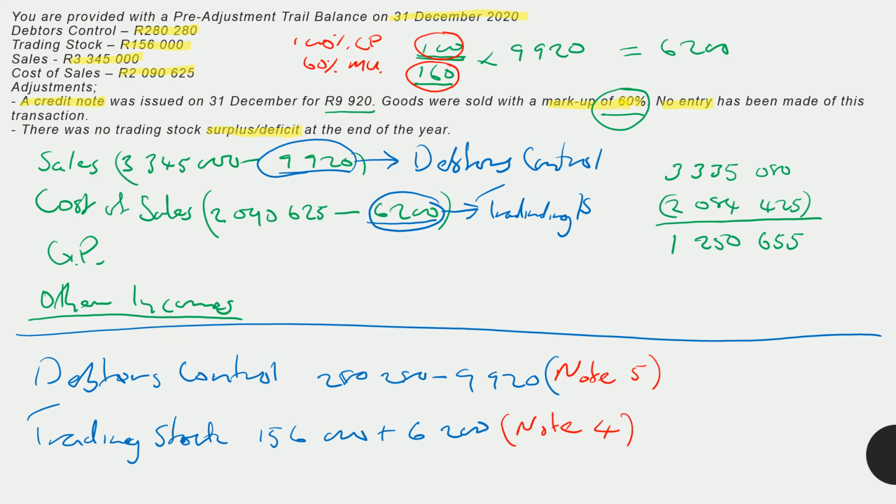In note number 4, inventory, include the correct value of trading stock. Note number 5 is trade and other receivables, where you include the correct value of debtors control. So include the correct amounts there, properly calculated.